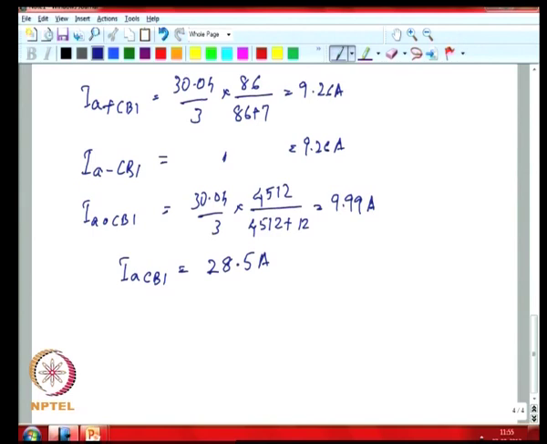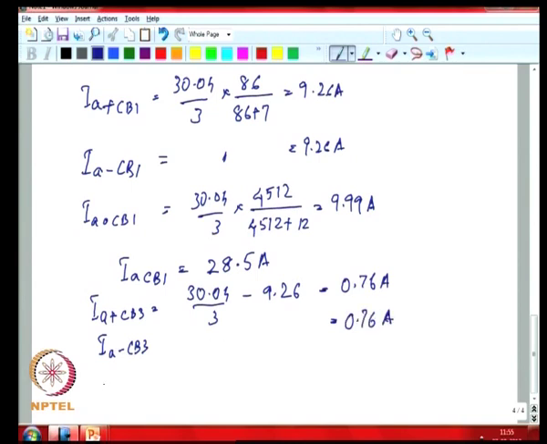So, to calculate the current flowing through phase A of circuit breaker 3, you have, if you then calculate what your IA through CB3 is, this is the sum of these 3 currents.